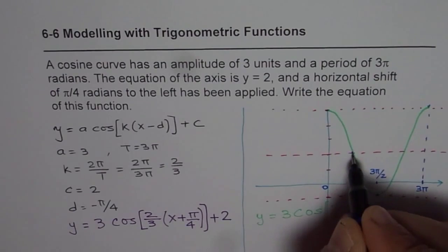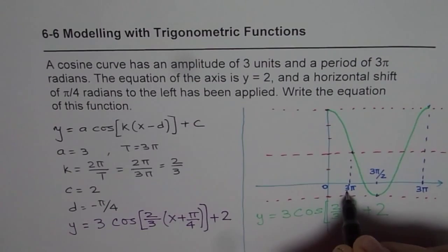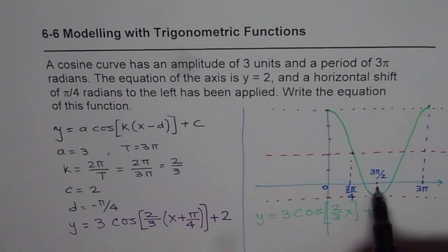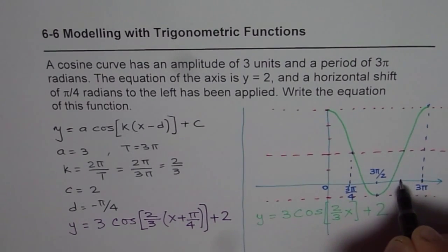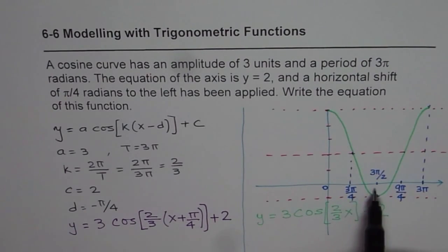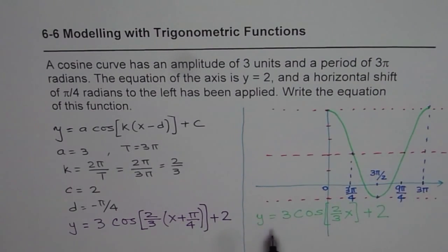And this is the quarter, so this is 3 pi by 4. This becomes 6 pi by 4, and that becomes 9 pi by 4. 3 pi by 4, 6 pi by 4 becomes 3 pi by 2, 9 pi by 4, 12 pi by 4 is 3 pi. Perfect. So that is my graph for y equals 3 cos 2 over 3 x plus 2.